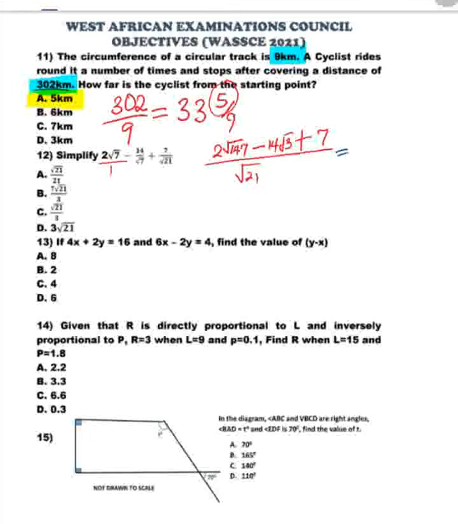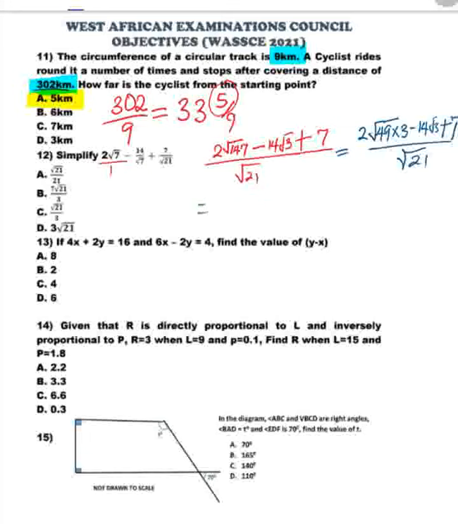So the next step, we're going to have 2 root 49 times 3 minus 14 root 3 plus 7 over root 21.